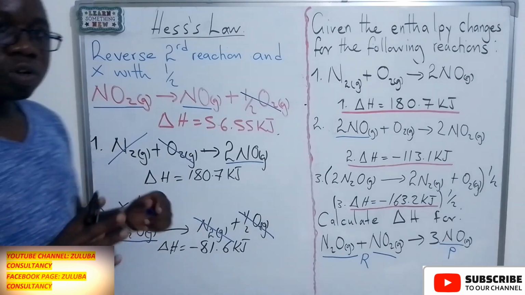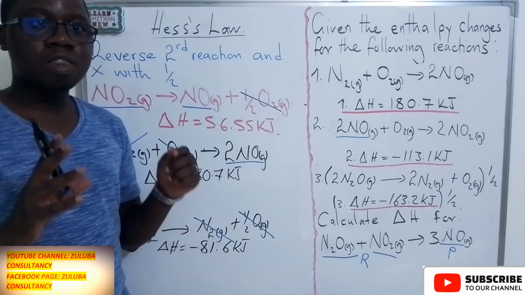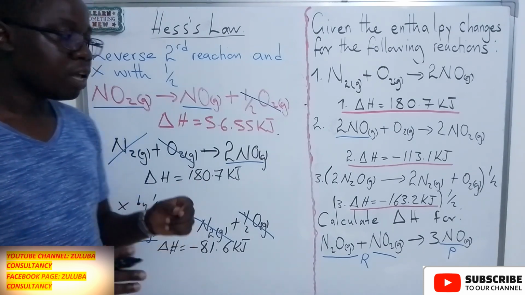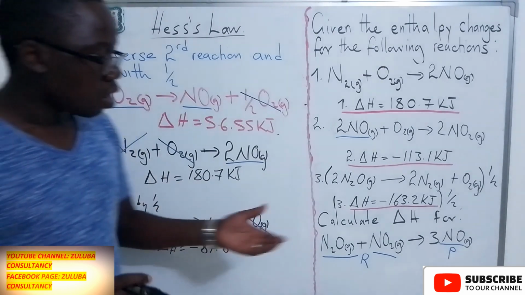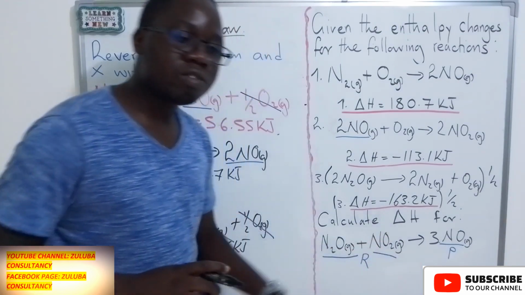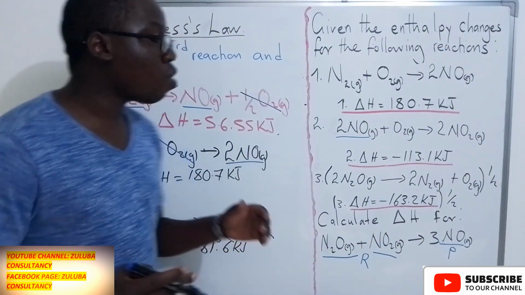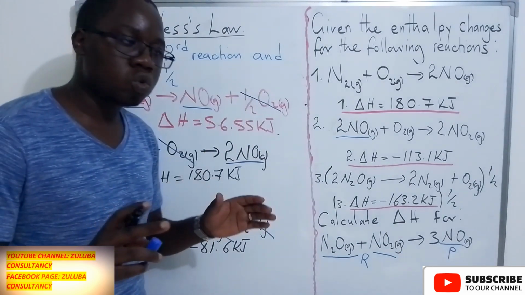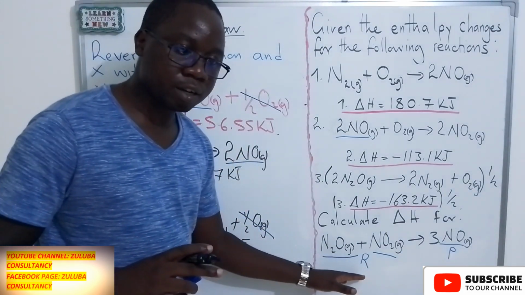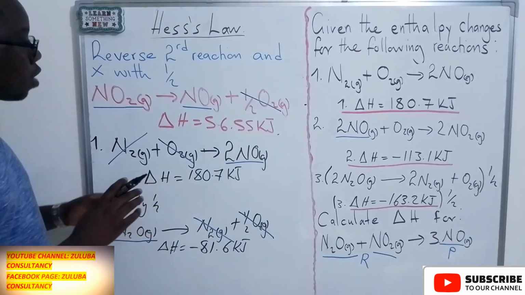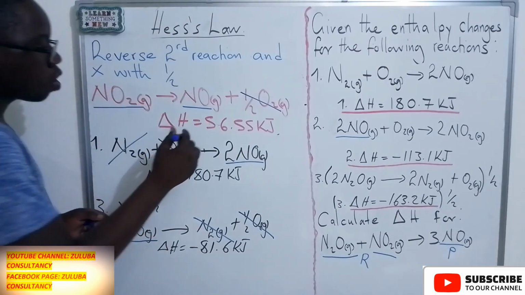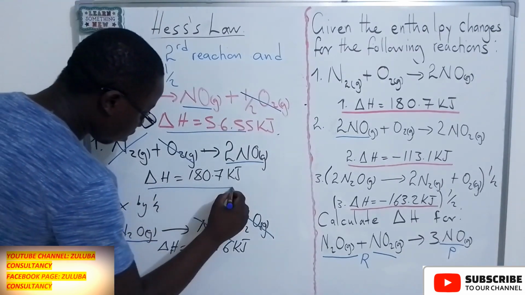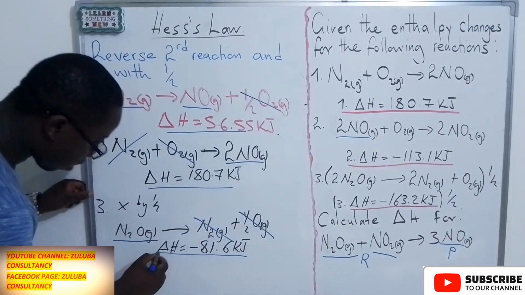Now, remember what we said about the enthalpy changes regarding Hess's law. It tells us that the overall reaction is equal to the sum of individual steps that you can do to come up with the overall reaction. So what are we simply saying? We now have to add this enthalpy plus this enthalpy and this enthalpy.